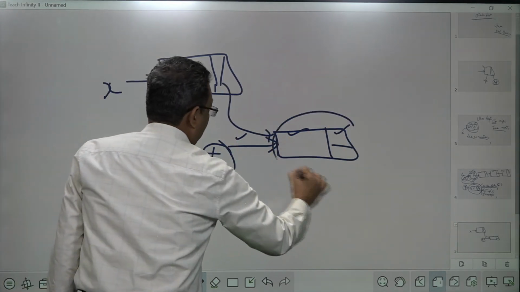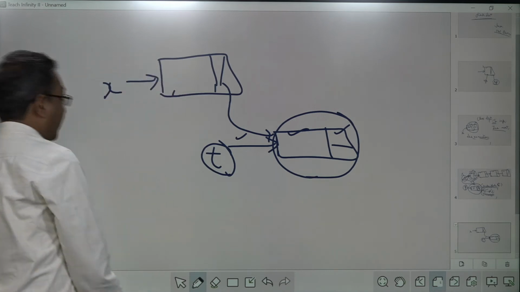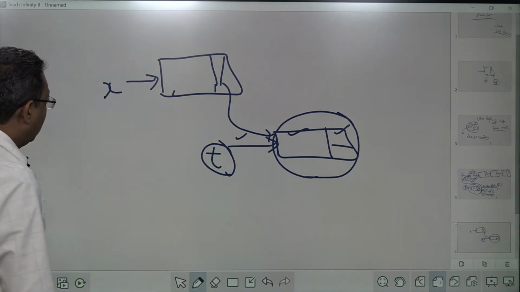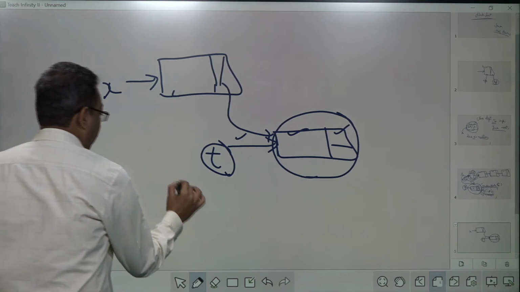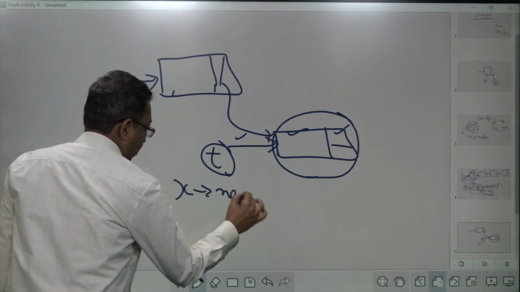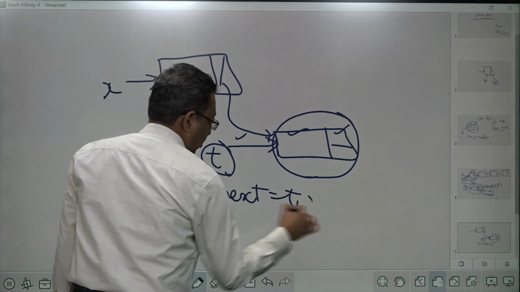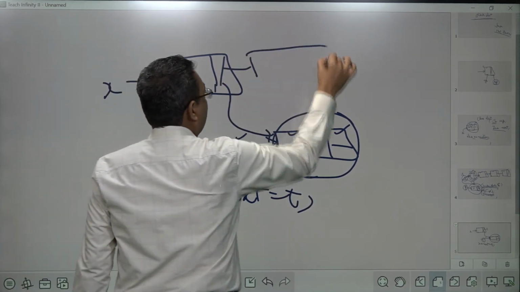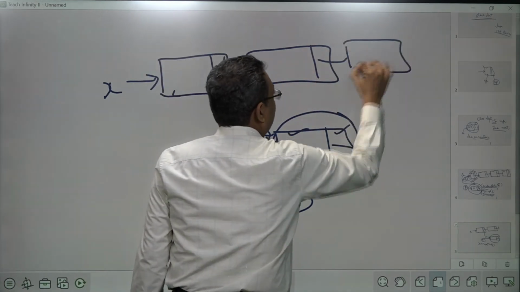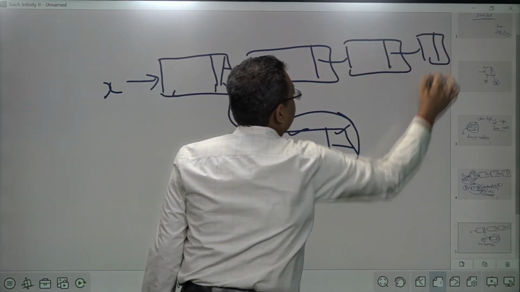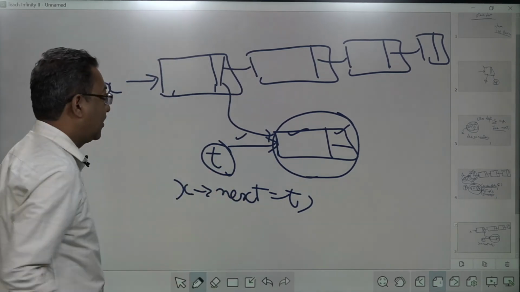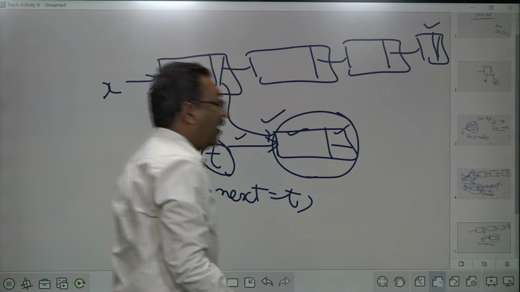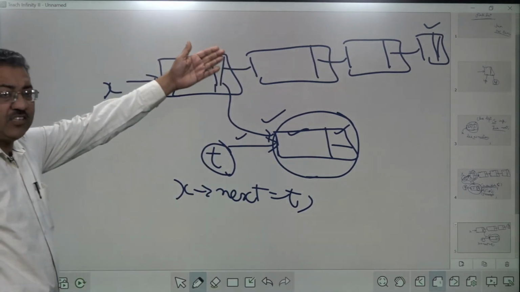So how can we do it in case there is a single node? So what can I do? I can go for this, right, but in case there are multiple nodes, what to do? I want to insert this newly created node at the end, that is after this node. So what to do?